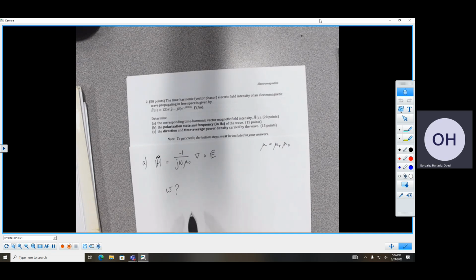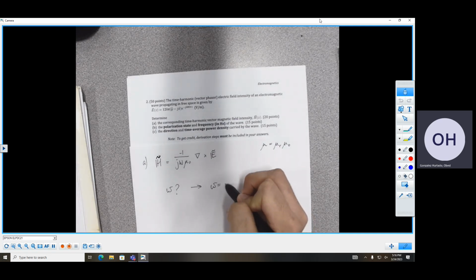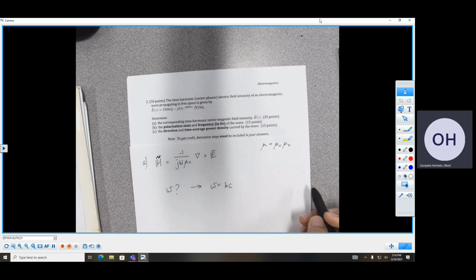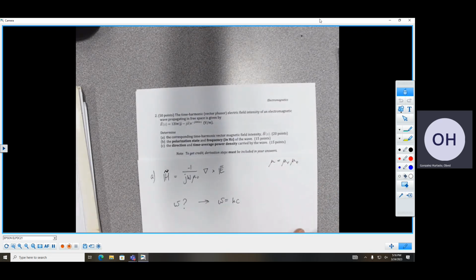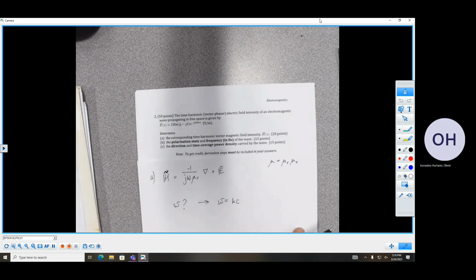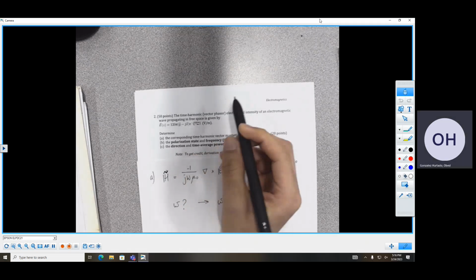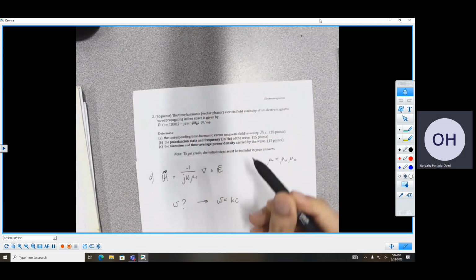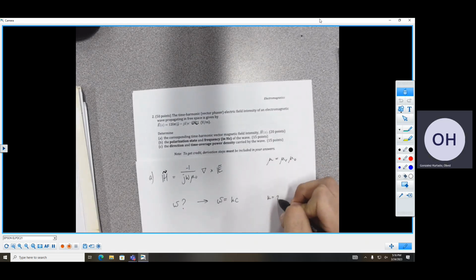So from here, we can say this is equal to KC. What is our K? Our K will be this 200 pi. That's our K. So we know from the question our K is 200 pi.